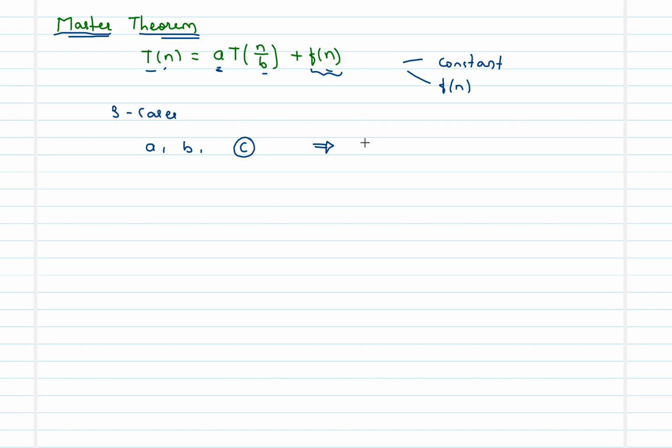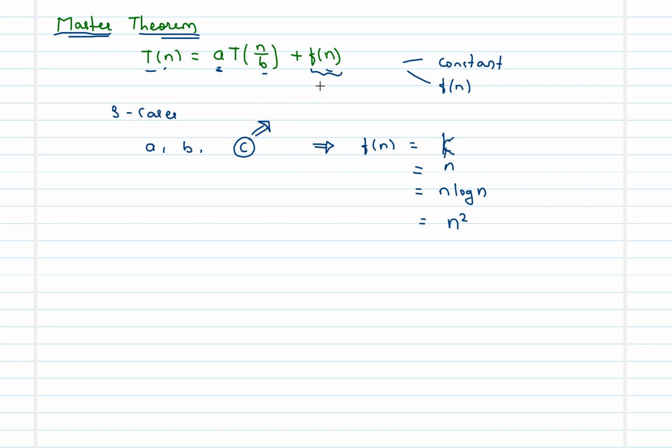We have the function f(n). If f(n) is a constant, or a function of n like n, n log n, or n squared, what does this c indicate? Let me say this is a constant k.